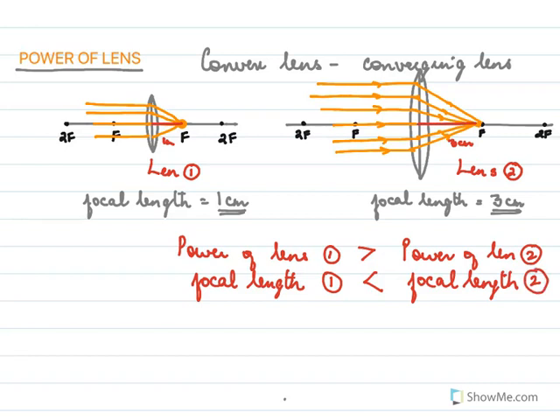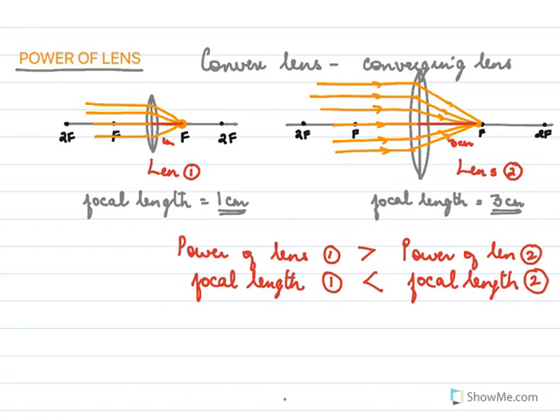Larger the focal length, less is the power. If the focal length is large, like in lens 2 it was 3 centimeters, hence the power will be less. More the focal length, less is the power.